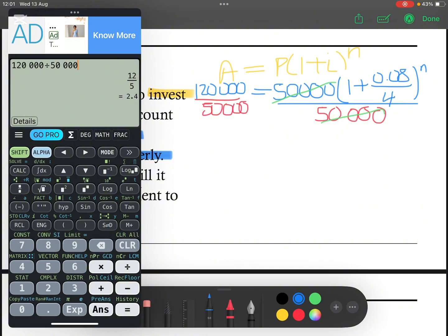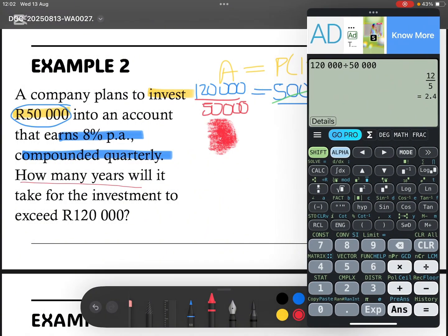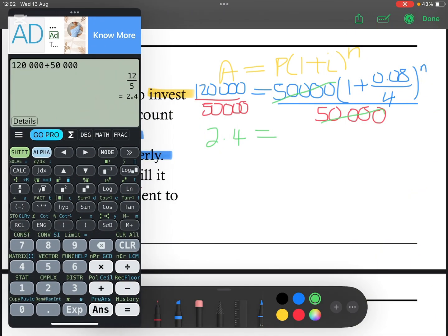So in that case now, we'll have 2.4 to be equal to 1 plus 0.08 to the power of n. So now we can apply logarithm.